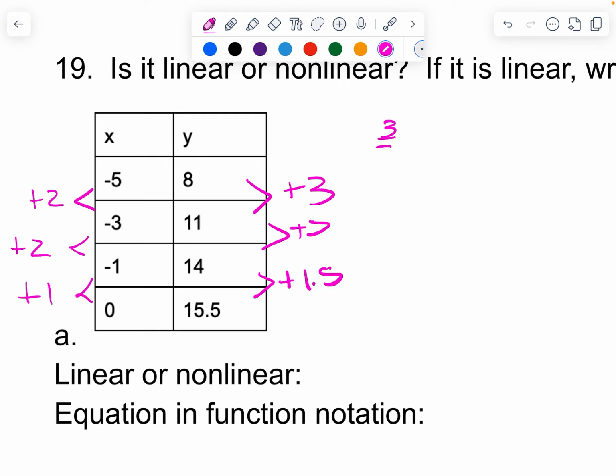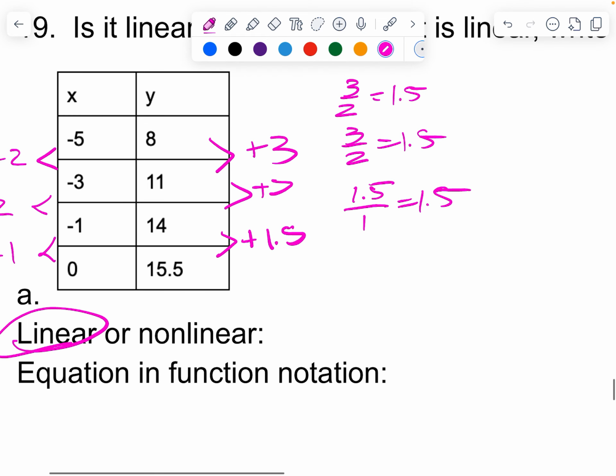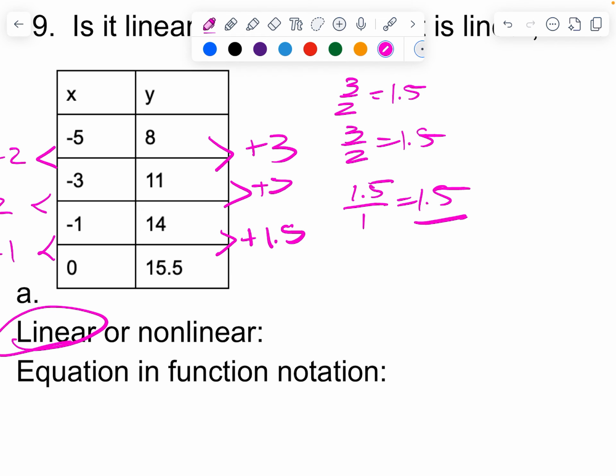So 3 over 2 equals 1.5. 3 over 2 equals 1.5. 1.5 over 1 equals 1.5. It is linear. So the slope I just found is 3 over 2. So f of x equals 3 over 2 x, and the y-intercept would be 15.5.